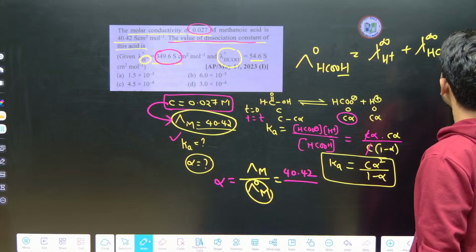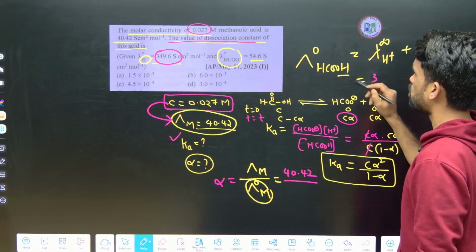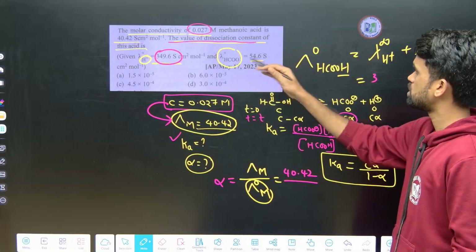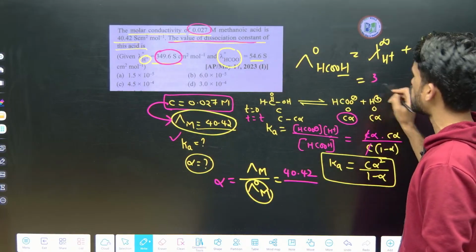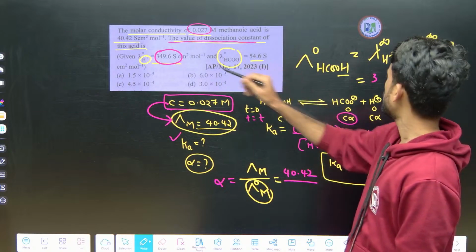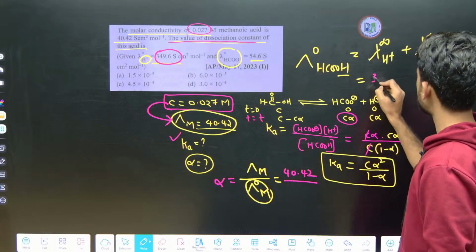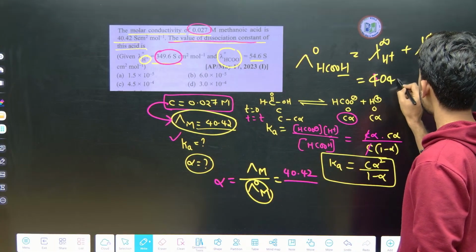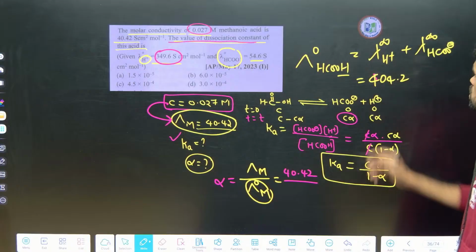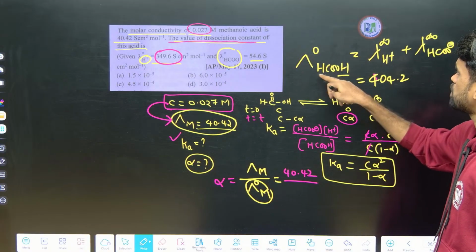They provided 349.6 plus 54. Just add them, you will get around 404.2. So this is the limiting molar conductance of this acid.